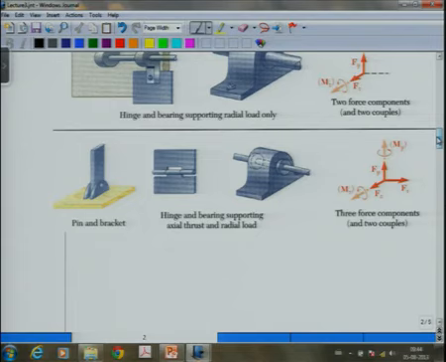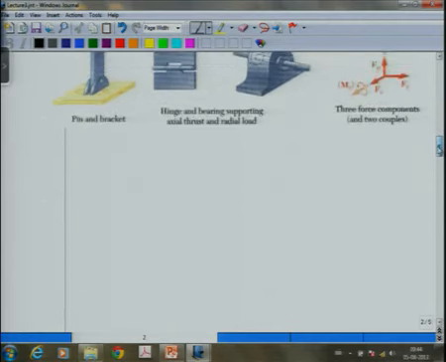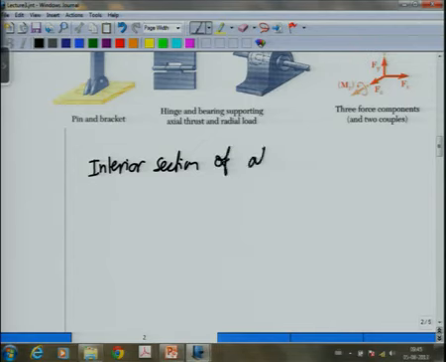Okay. Now, there is one case which is not discussed, at least not in the textbook. So, let me draw this, and this is if I have an interior section of a body.